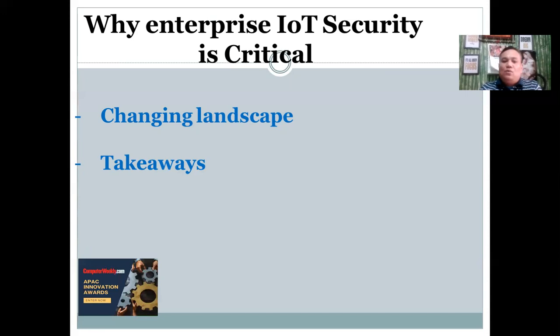Once hijacked, these devices have been used to mount some of the biggest distributed denial of service attacks we've ever seen. In some ways, enterprise IoT security is being managed a bit like IT security was way back in the 90s, as an afterthought. This has to stop.